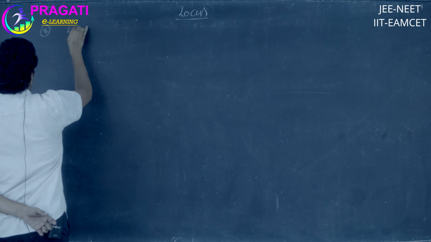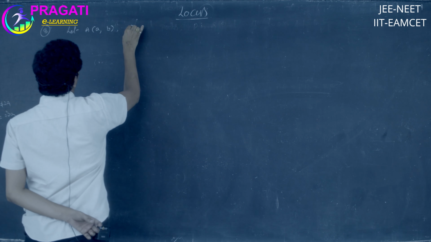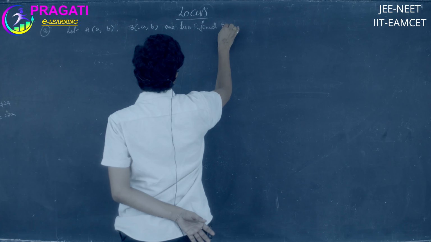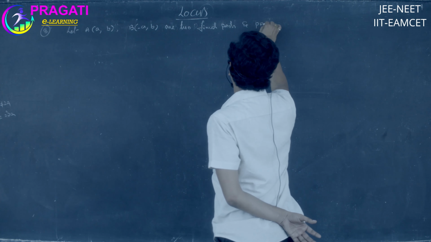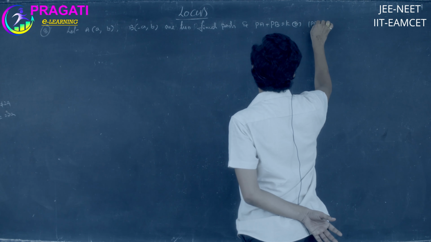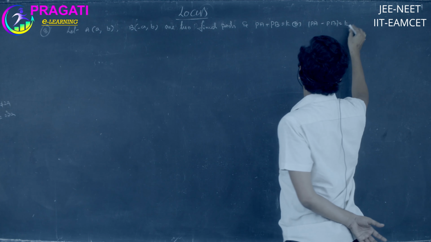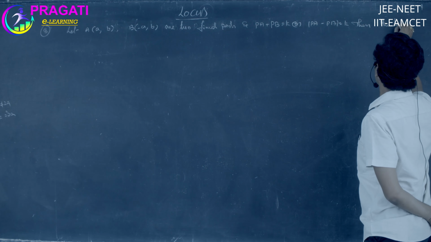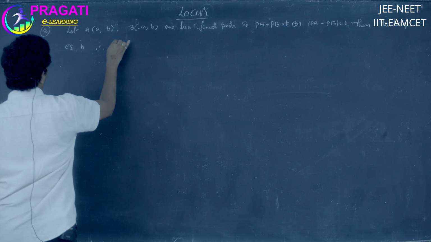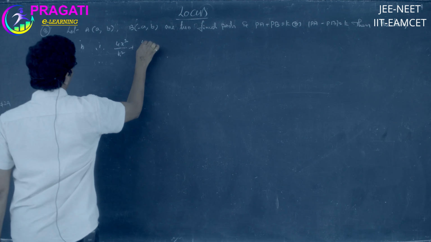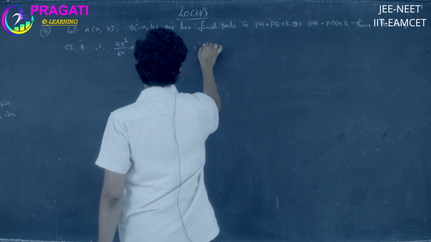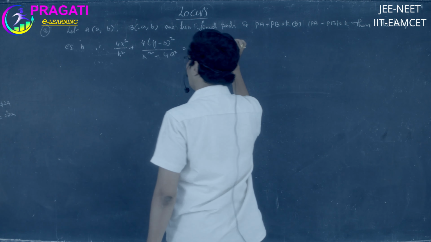The next point is the 8th one. Here, let A (a, b) and B (minus a, b) be 2 fixed points, and PA plus PB is equal to K, or mod PA minus PB is equal to K. Then the locus equation is, first one, 4x square by k square plus 4 into (y minus b) whole square by k square minus 4a square is equal to 1 if k is not equal to 2a.